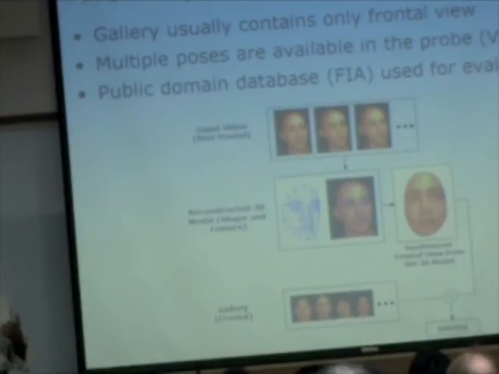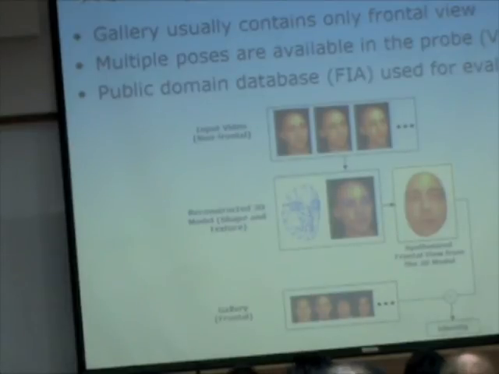Whereas the pose, the viewpoint of the face in the probe, can be in any arbitrary orientation. So it will be nice if we can correct the probe pose to also frontal, because frontal to frontal matching is more reliable than sideways to frontal matching.